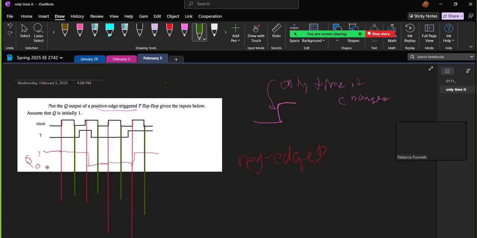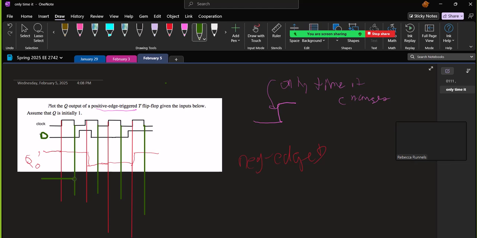Okay, and I'm going to assume again that we're starting at 1. Nothing happens till I get to the first negative edge. When I get to the first negative edge, I look at my input, which I'm going to call D. What is D at that first negative edge? 0. And what does D do?